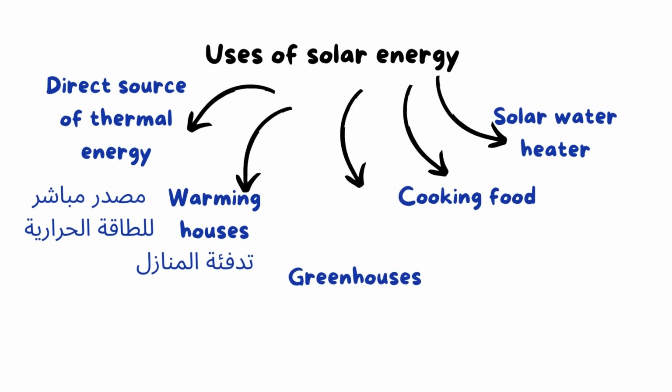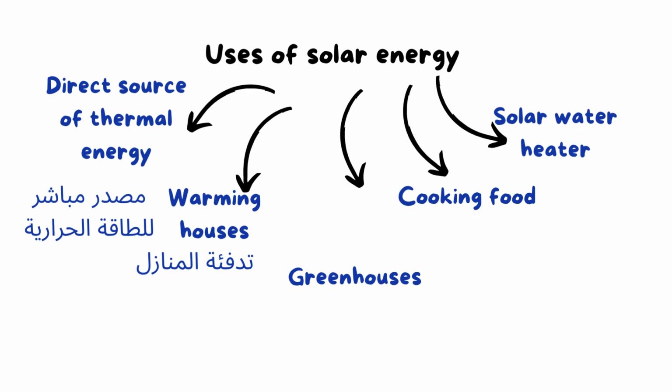Okay, we have 5 uses for the solar energy. First, we have a direct source of thermal energy. We can take thermal energy directly from the solar energy, and we will see how, okay? And warming houses, and this is clear. We open the windows all day or most of the day, so the sunlight reaches these houses and warms the houses, as we will see.